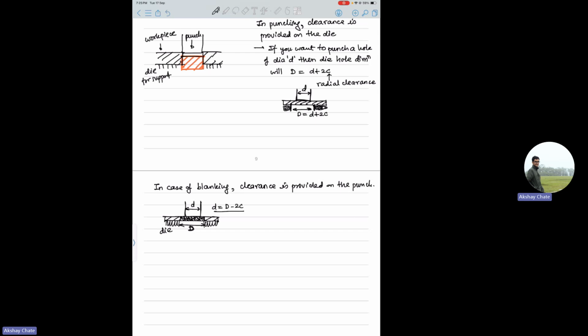So clearance is provided on the punch. This is a very important MCQ question for competitive exams.